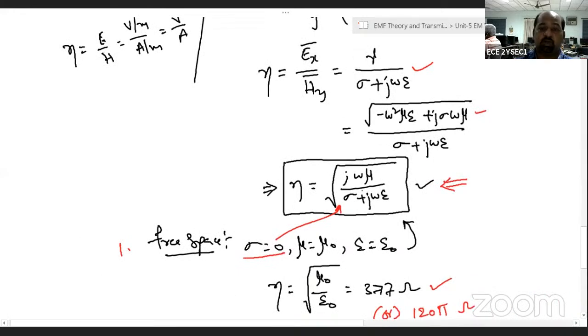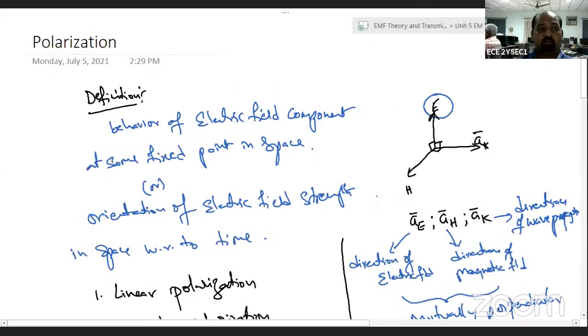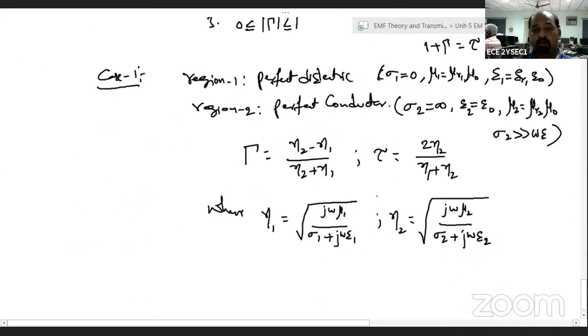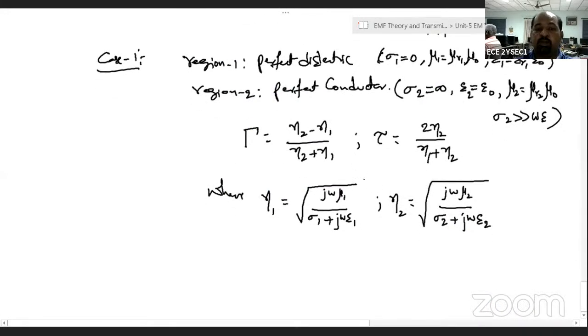Eta is equal to root over j omega mu by sigma plus j omega epsilon. So this is the expression I have taken here. So eta 1 is equal to root over j omega mu 1 by sigma 1 plus j omega epsilon 1, and eta 2 is equal to root over j omega mu 2 by sigma 2 plus j omega epsilon 2.